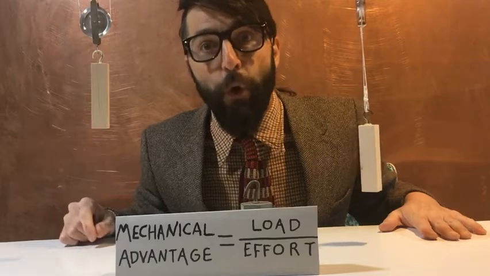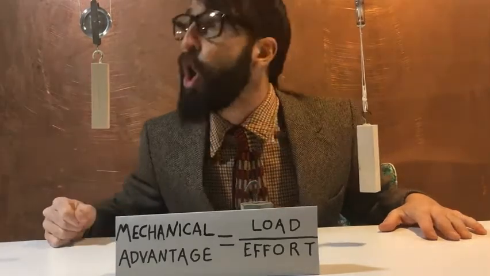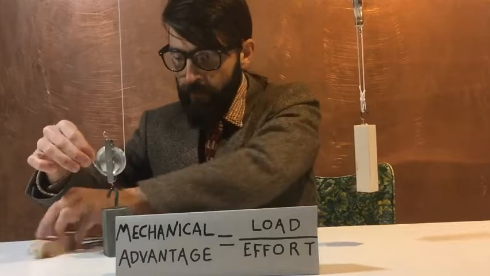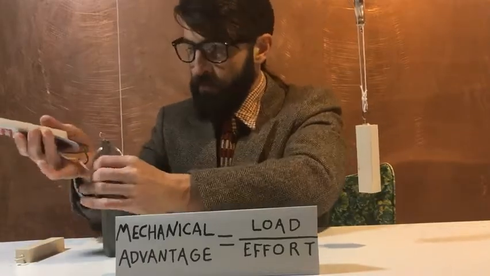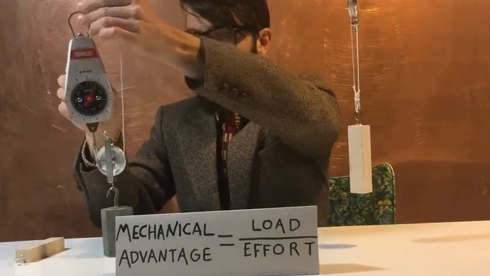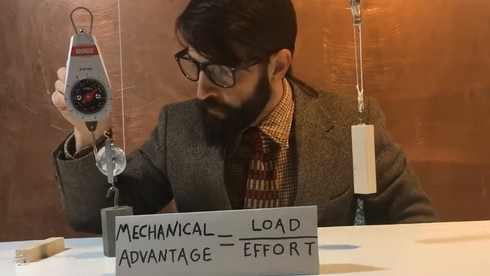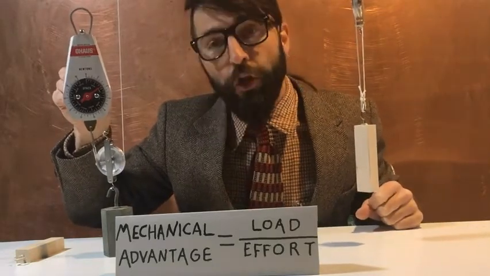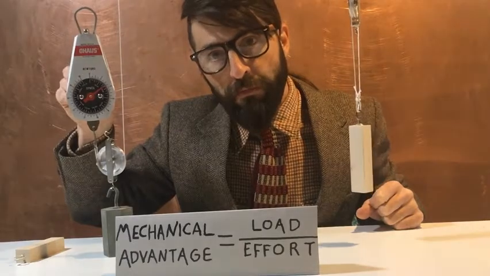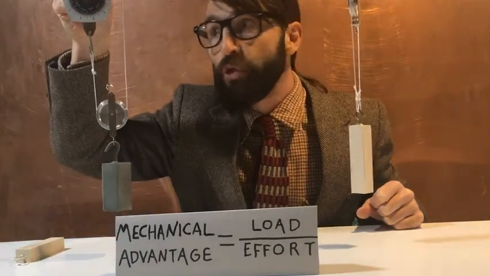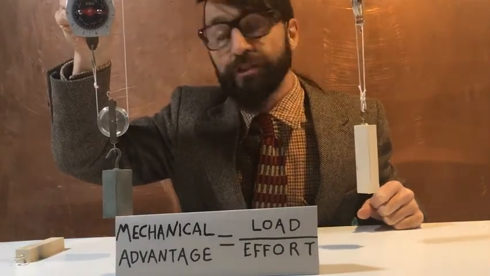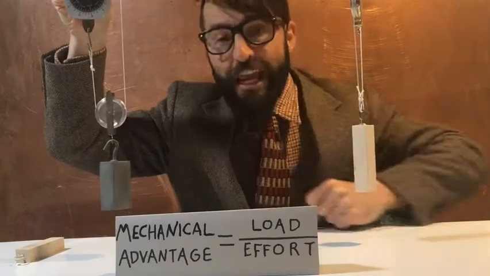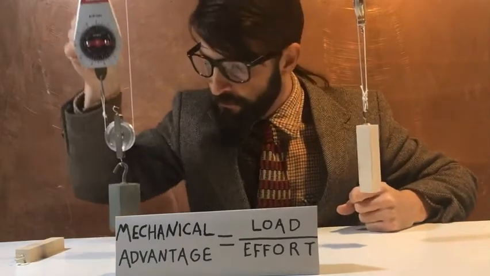Let's see what happens when I use this pulley system over here. This pulley system is known as a single moveable pulley. When I lift, you can now see that it requires only 5 newtons of force to lift this same 10 newton mass.